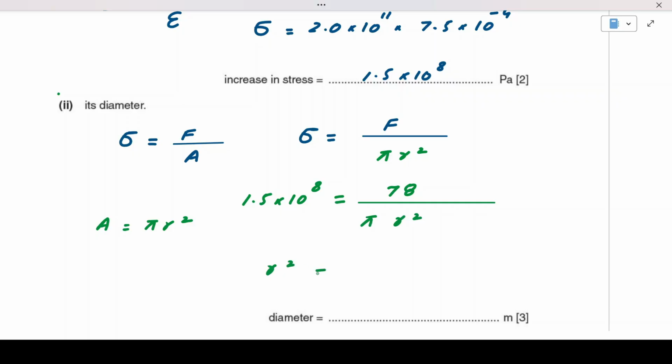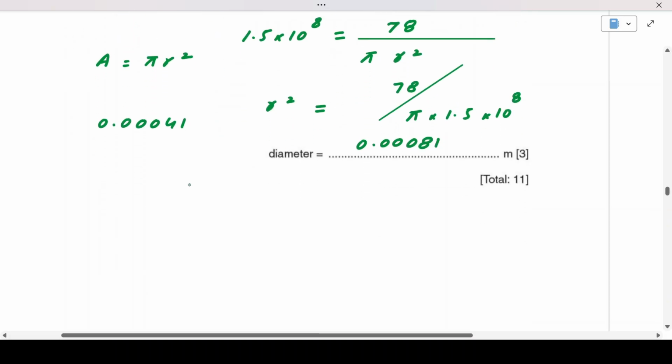So r squared equals 78 divided by pi times 1.5 into 10 raised to power 8, and then you take the square root of it. I'll do it directly on the calculator, or you can also write it as 8.1 into 10 raised to power minus 4.